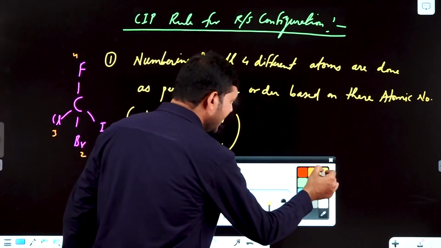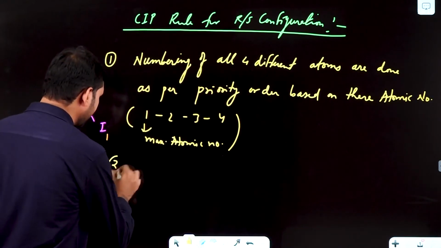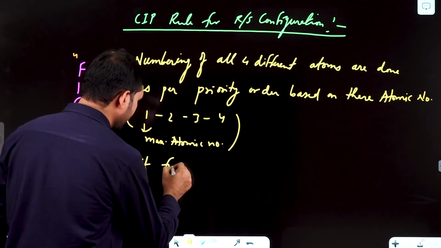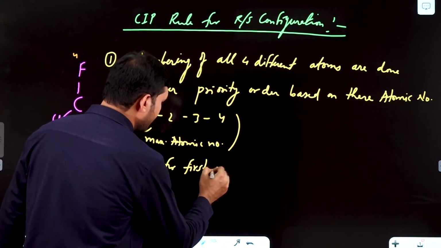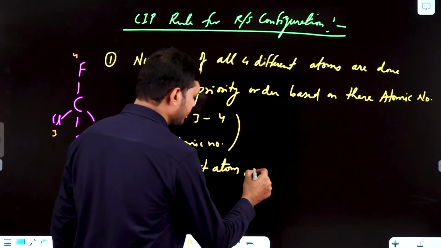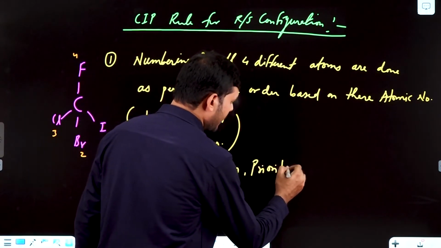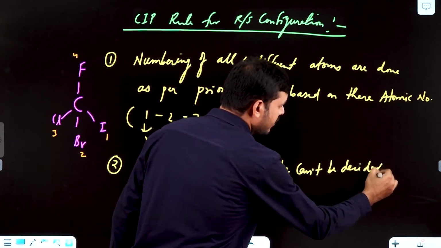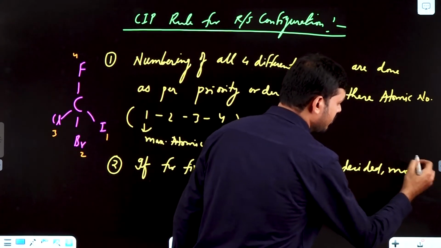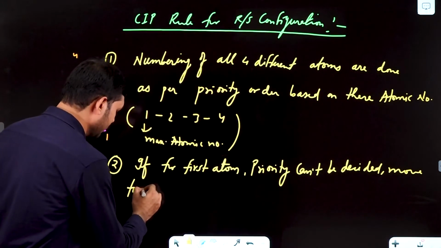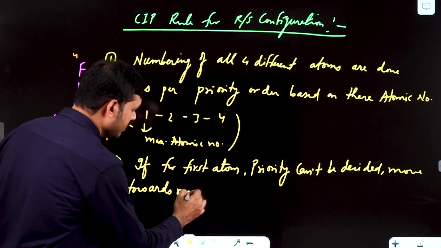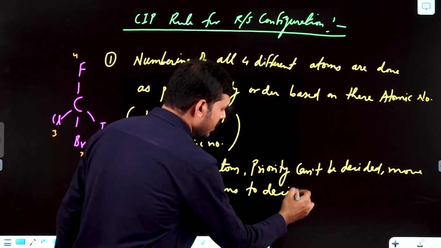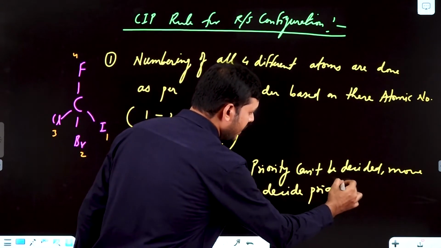Next rule. If priority for the first atom can't be decided, move towards the next atoms to decide priority.